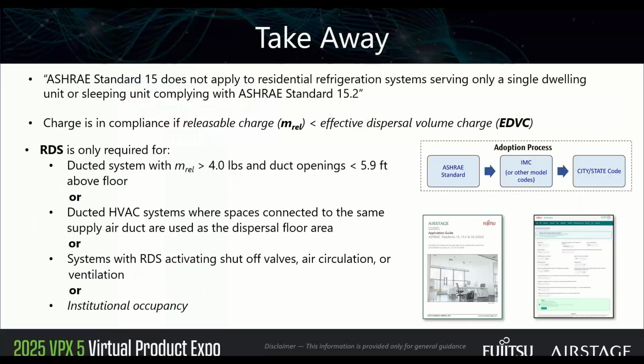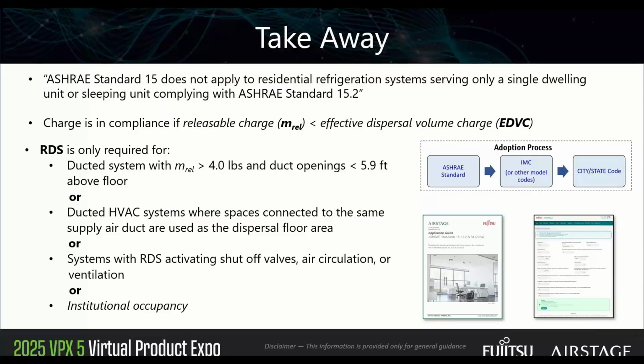On the next slide, I'm going to try to summarize what we have discussed. ASHRAE Standard 15 should be used in all cases except when 15.2 applies. MREL should be below EDDC, then we comply.